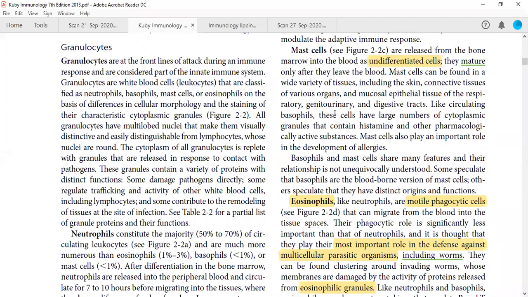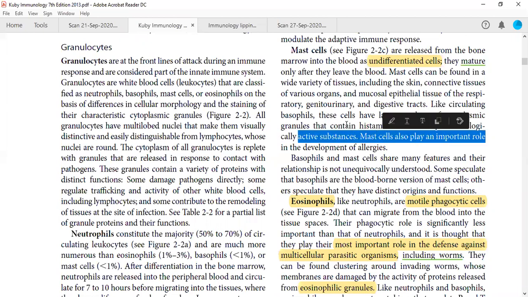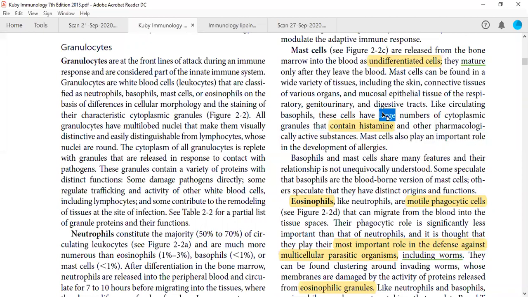Like circulating basophils, these cells have a large number of cytoplasmic granules that contain histamine. Because they also have the histamine molecule, which is one of the allergic molecules that can cause allergy, right? And other pharmacologically active substances. These mast cells can play an important role in the development of allergies. So along with basophils, they are the major cells responsible for allergic reactions, right?